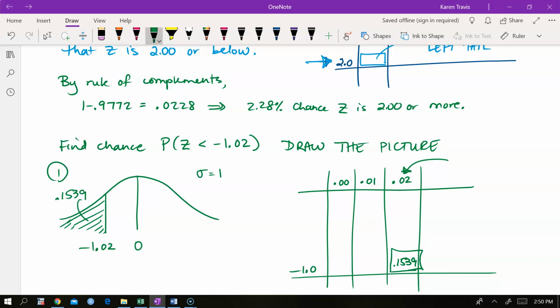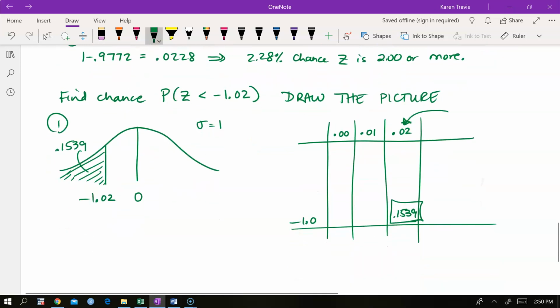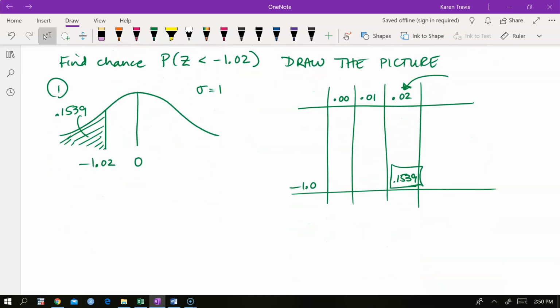So just to have a practice, you can pause this for a minute and you should try to work out a couple different ones here. I'm going to give you a couple. Find the probability that Z is greater than 1.76. Notice the greater than, you might need to use the rule of complements to work on that one.